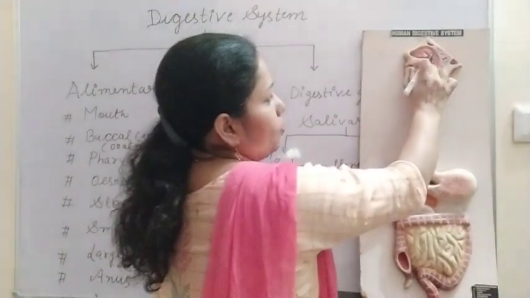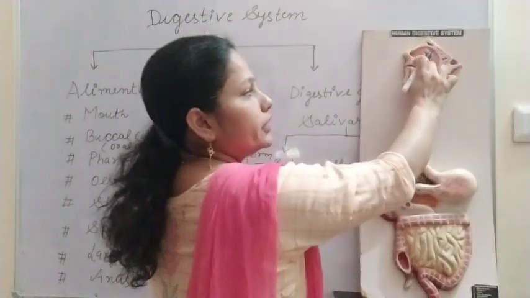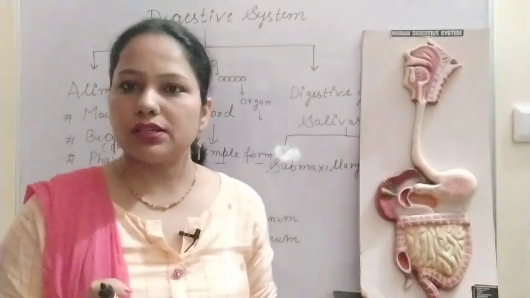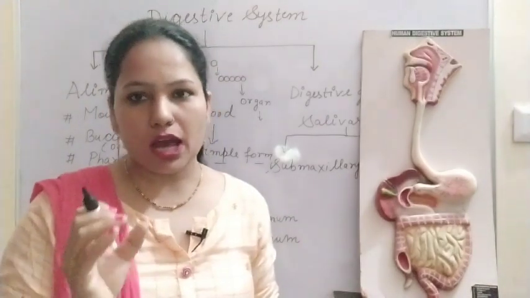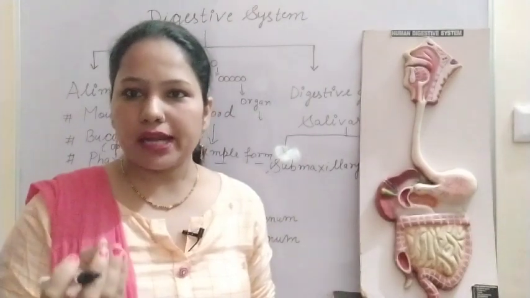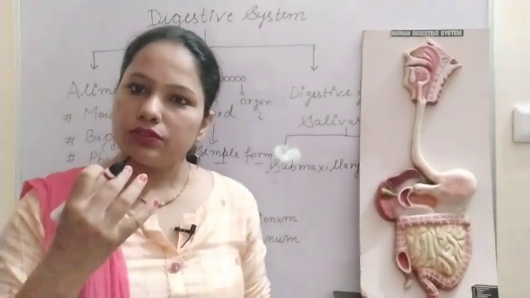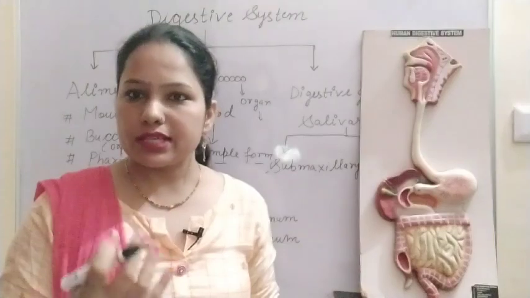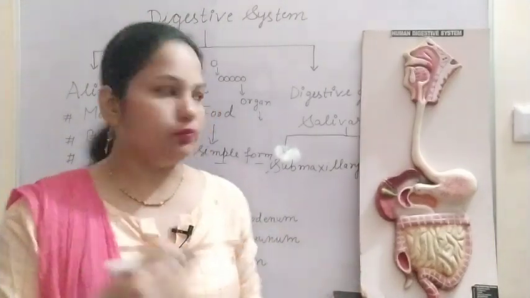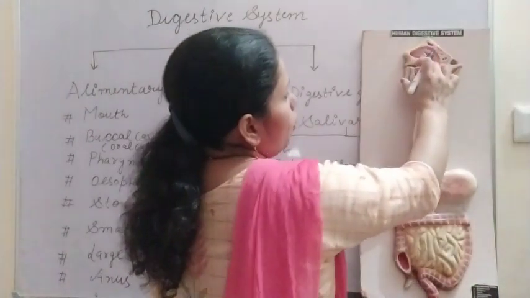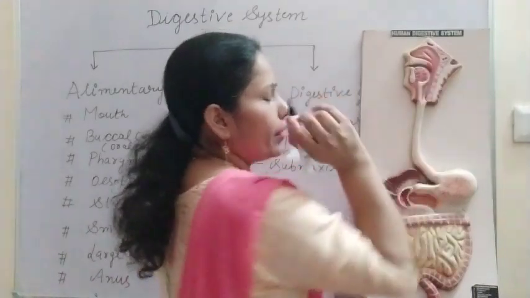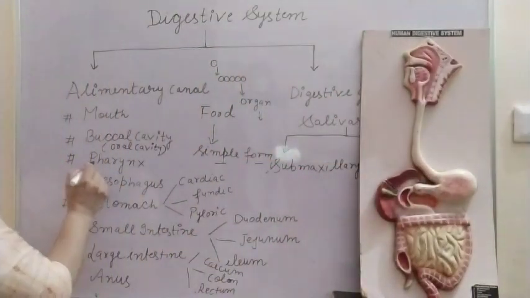Different types of teeth in our body help in the cutting, tearing and grinding of the food, and the tongue has different types of taste buds due to which we come to know the taste of the food. Then this oral cavity opens into a common opening, and this common opening is known as pharynx.